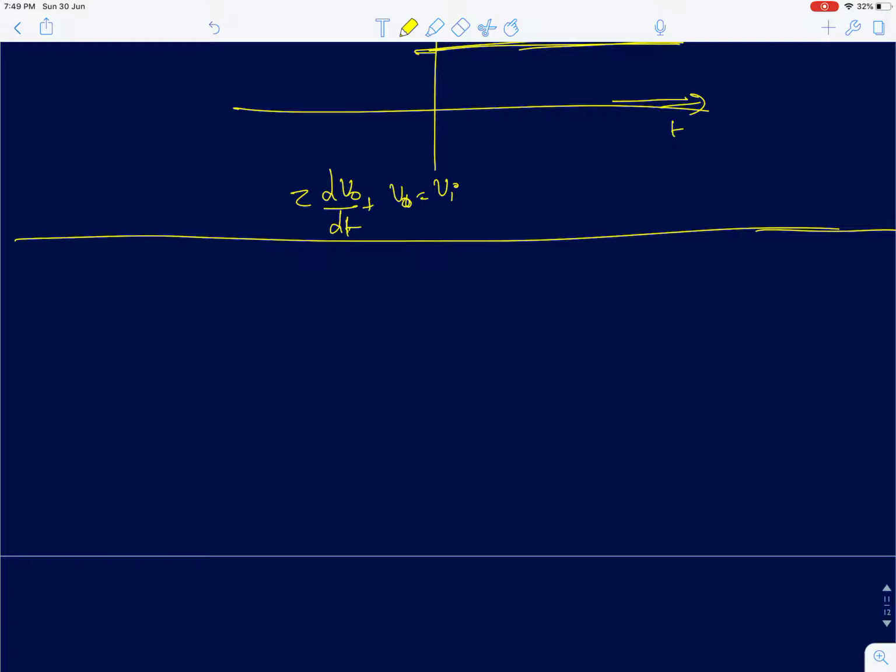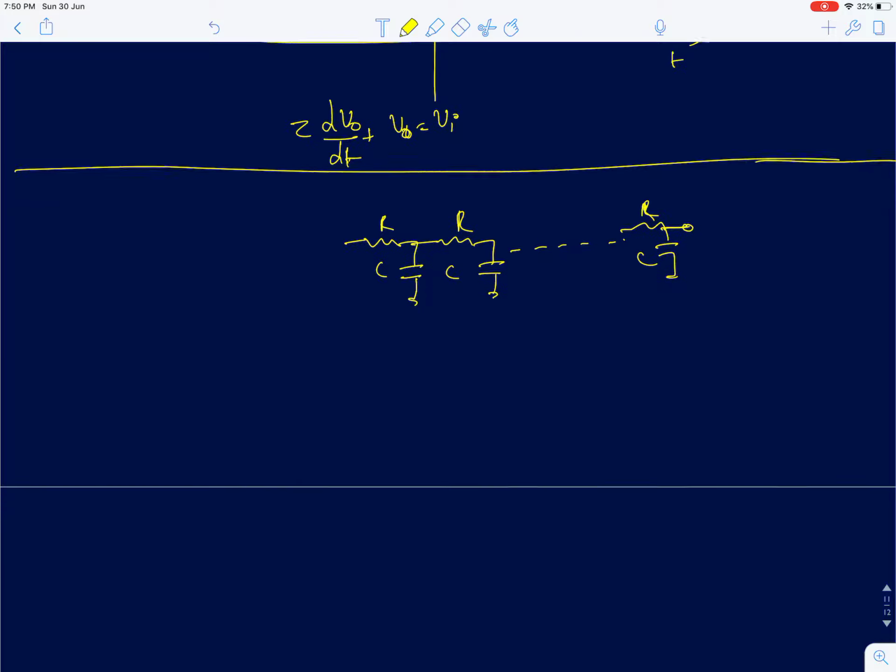Now, what we did was simply analyze a first order RC circuit. If I start adding more and more RC circuits and I am interested in studying the behavior of the system, then it becomes very complicated. You will get an equation like this: nth derivative, I am assuming I am adding n capacitors here.